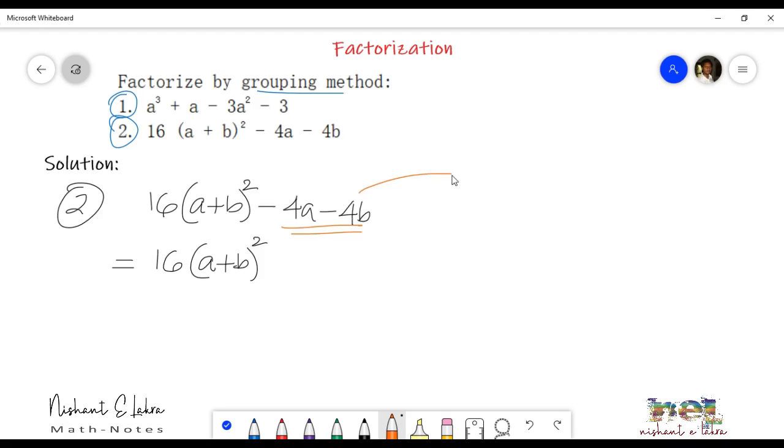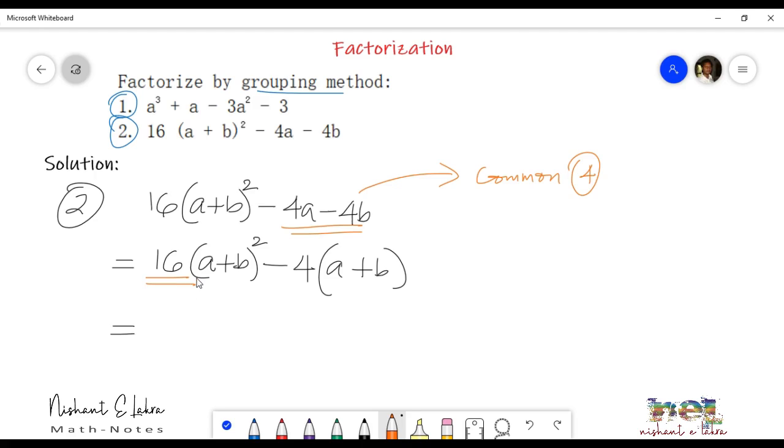What is common between these two? The common value here is 4. So we can write it as 4 into a is 4a, minus into plus is minus, 4 into b is 4b. So the second set we have found is 4 into (a plus b) in brackets.